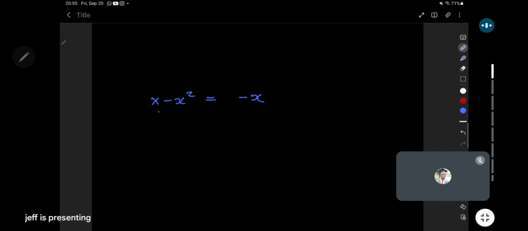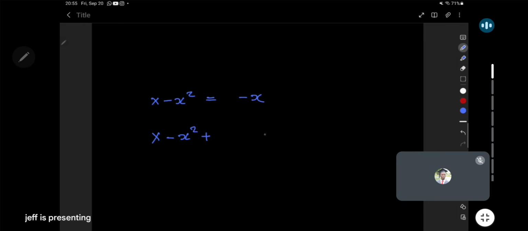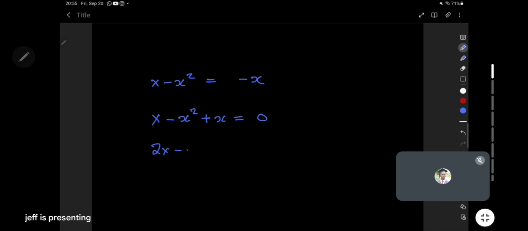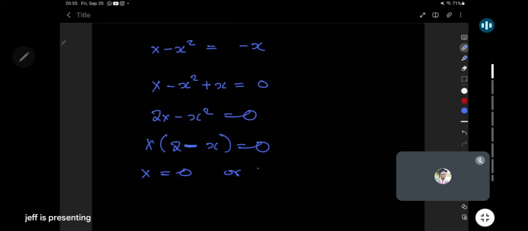So I just have to solve for x here. I get x minus x squared, and this becomes plus on the left side, equals 0. These two add up to give us 2x minus x squared. When is this equal to 0? x comes out: x times 2 minus x. This will be equal to 0 if x is equal to 0 or if 2 minus x is equal to 0.